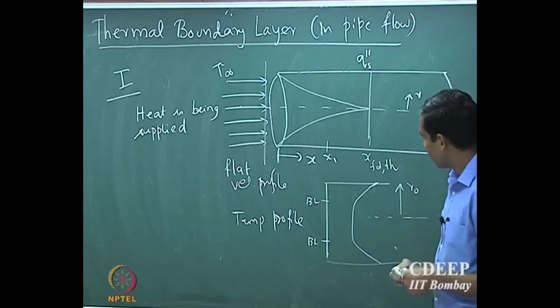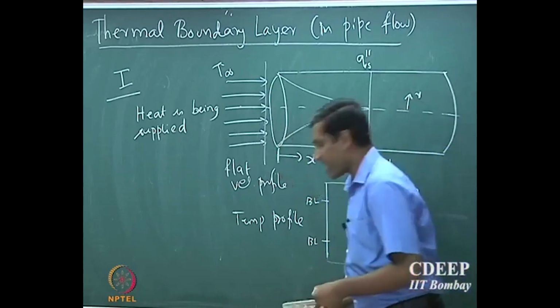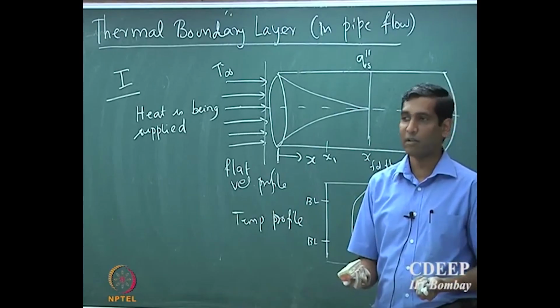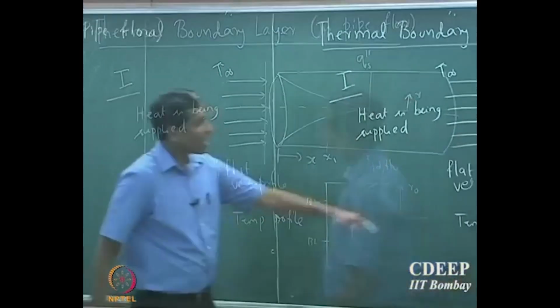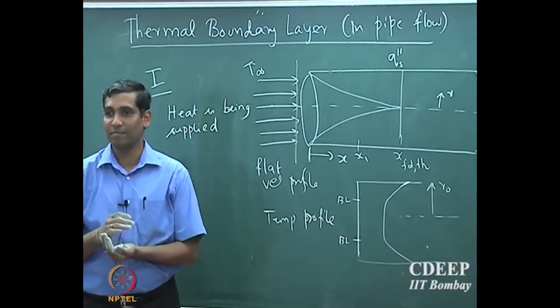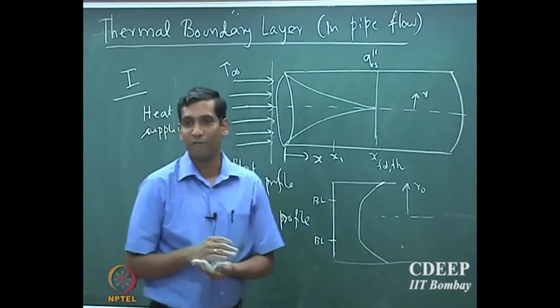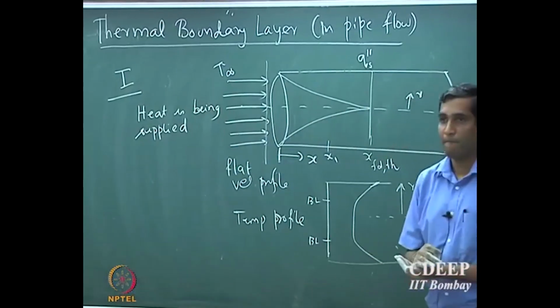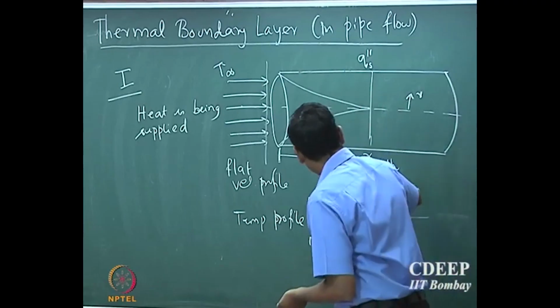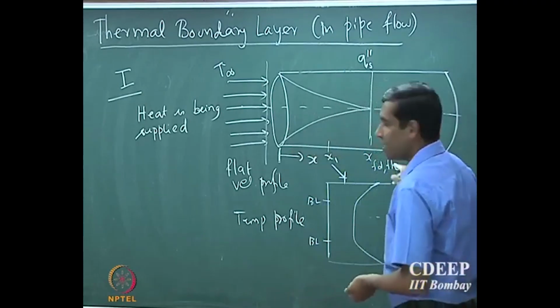Okay. Now supposing if I take a second case where I maintain the boundary at a constant temperature, I can always do that, right? So what happens in the fully developed regime? What will be the temperature profile? So this is at x1. What about the fully developed regime?